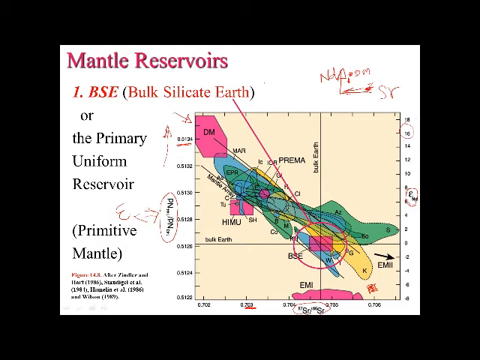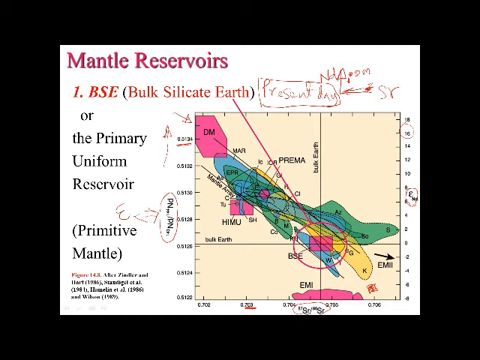Remember, present day isotopic compositions. If you get a high present day isotopic composition for a sample, that indicates it's a depleted mantle, because these isotopic compositions are evolving, varying, changing, right?